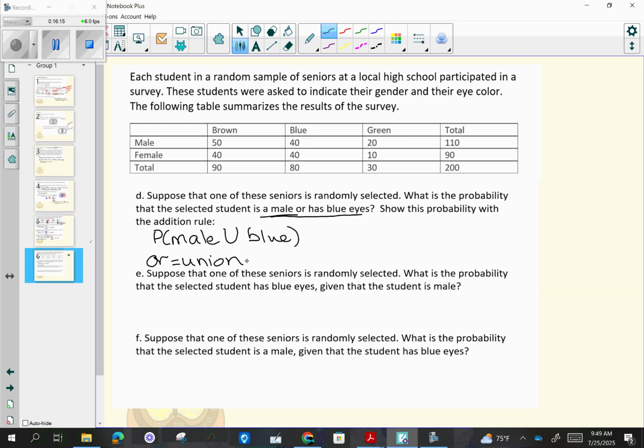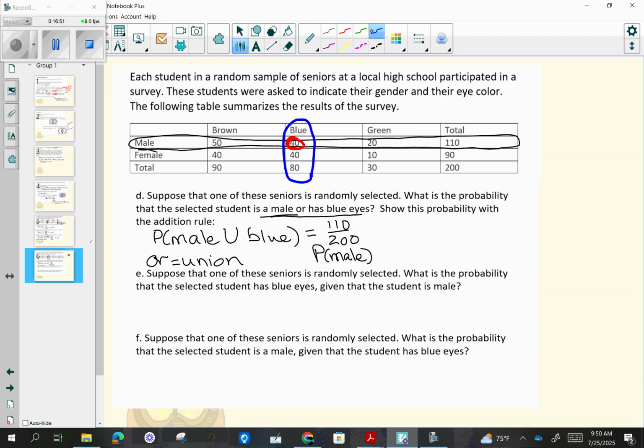And this one says show this probability using the addition rule. Because when you look at it, you have the male row that we know the total of. We have the blue column that we know the total of. But if you notice, I circled this number 2 times. So the probability of male, we would have had that number up in A, 110 out of 200.